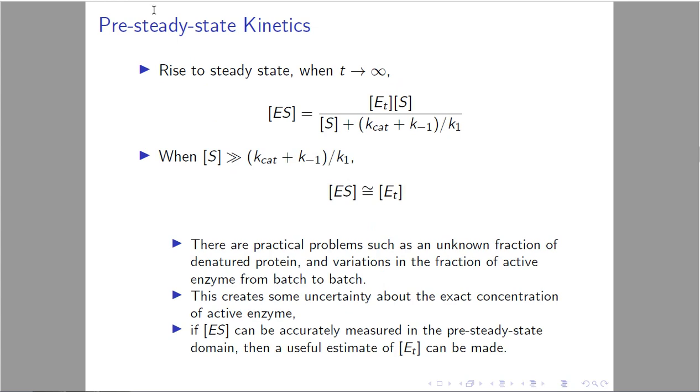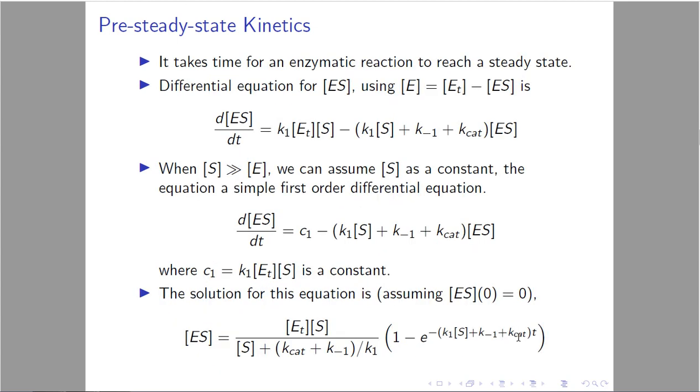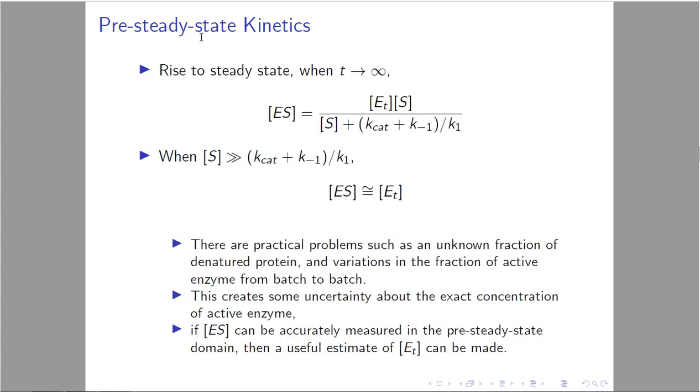When t approaches infinity, we go to the steady state: ES equal to E_T S over S plus (k_cat plus k_minus1) over k1.